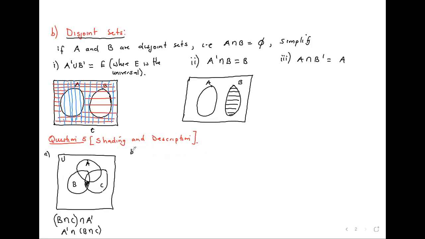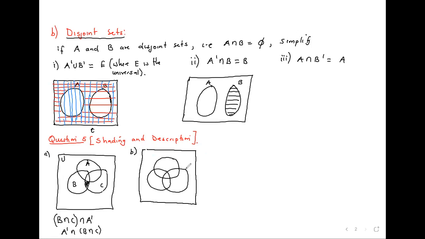Then part B, set sitting in the same. Excuse me. Hello. On part A, you've said it's B intersection C intersection A complement. Now, why did you decide to say it's intersection?